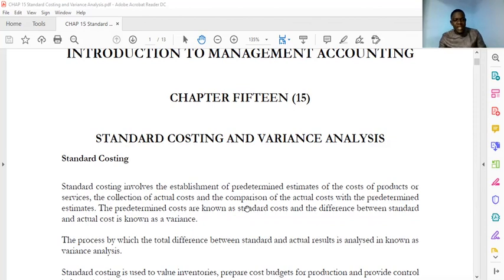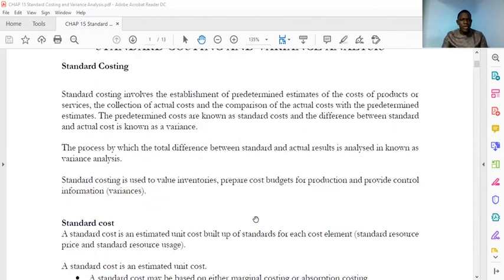Now the process by which the total difference between standard and actual results is analyzed is known as variance analysis.